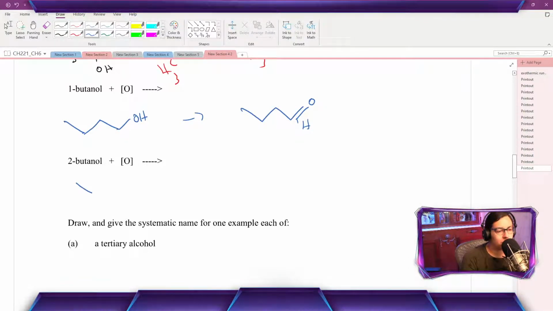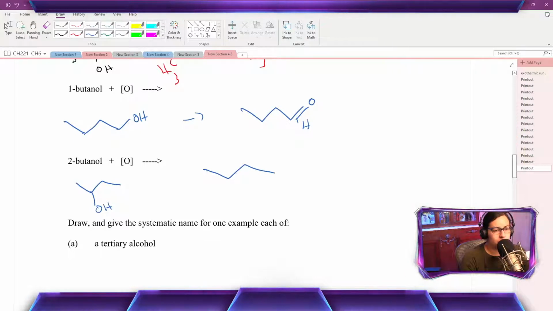I'll just draw 1, 2, 3, 4. Our OH there. And so now it's not terminal. So what's our product? So let's draw it 1, 2, 3, 4 again, and then just make the ketone there.